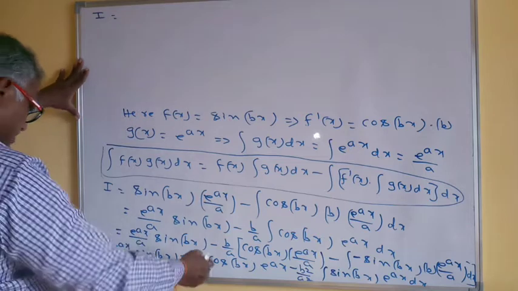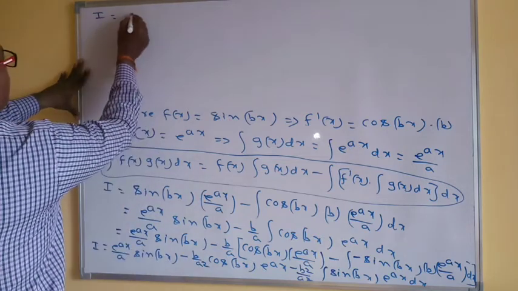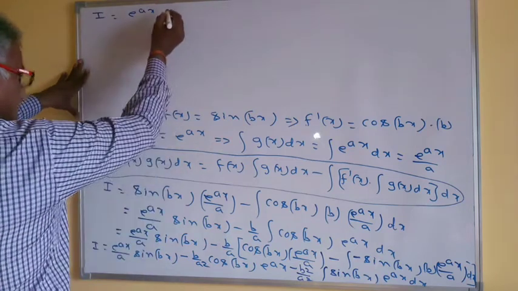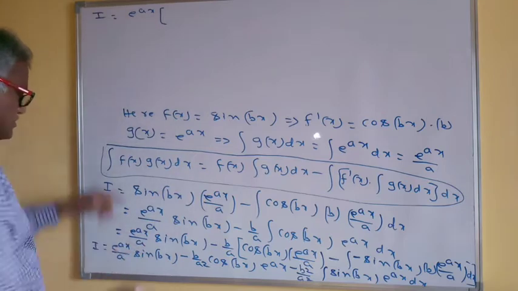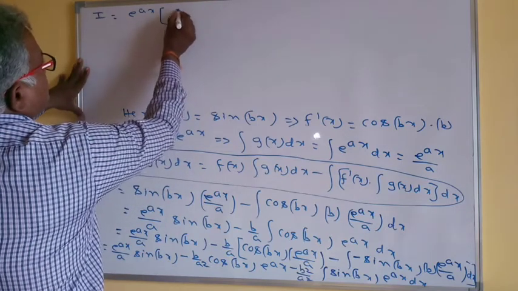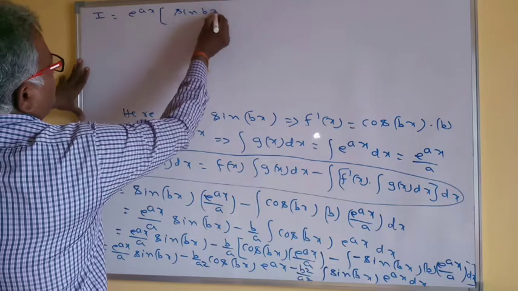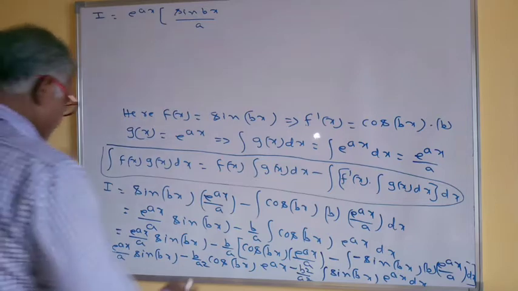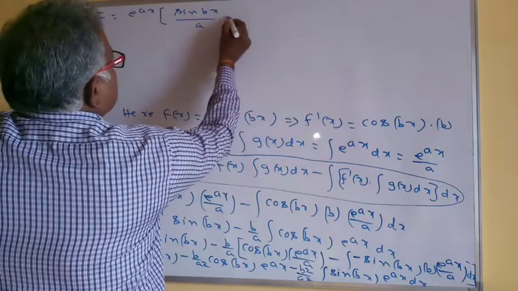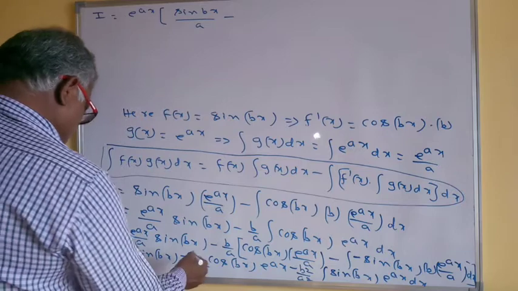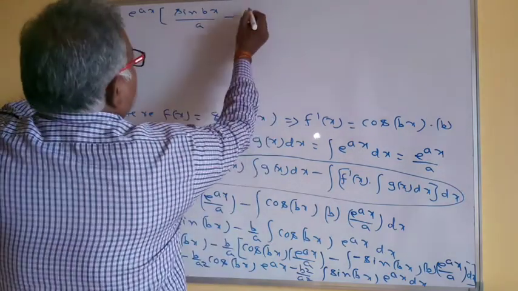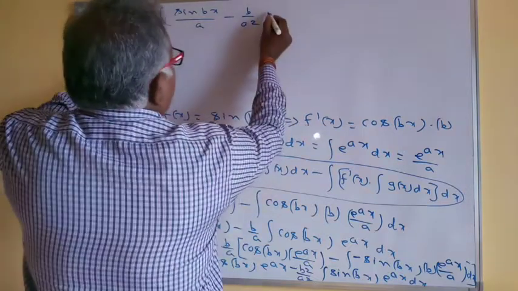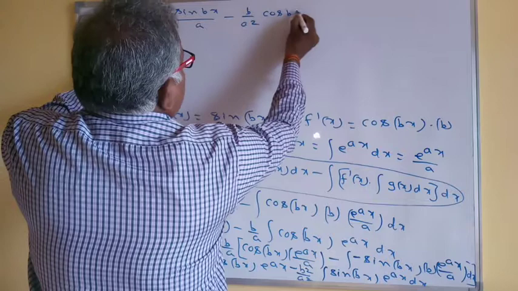So what you have to do? e power ax into sin bx by a, minus b by a square into cos bx.